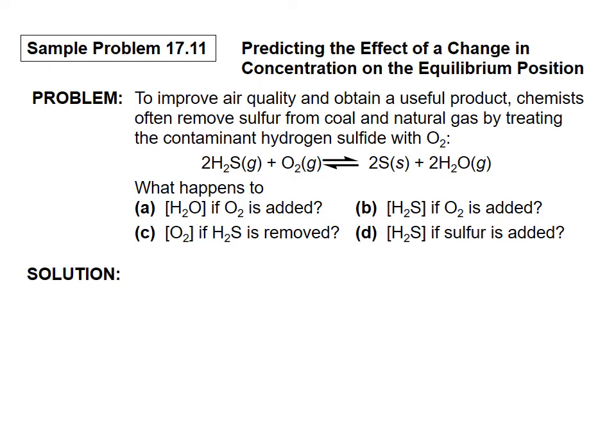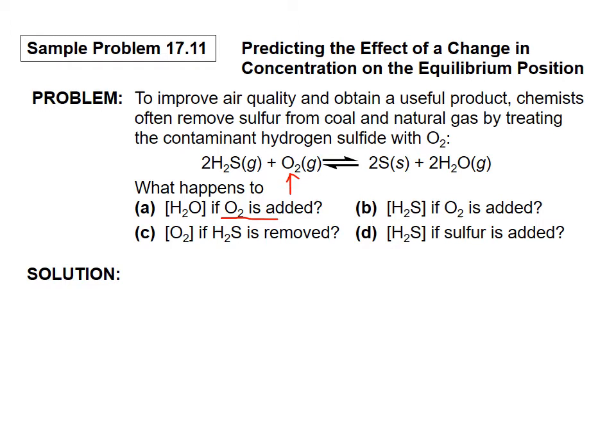Let's first apply Le Châtelier's principle to this question. If the disturbance is oxygen added, that means you increase oxygen concentration. According to Le Châtelier's principle, the reaction proceeds to counteract or reduce the disturbance.